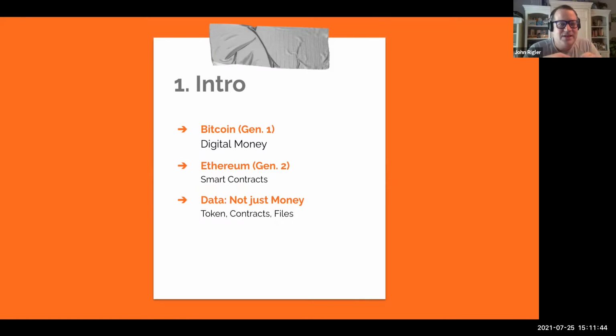If you've heard of decentralized finance or NFTs, you may have heard of some of these things. But the important point for me is that it's not just about money. It's about the possibilities of sharing data and using the system.